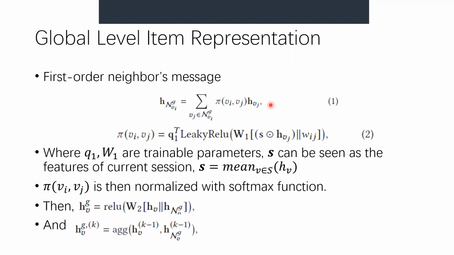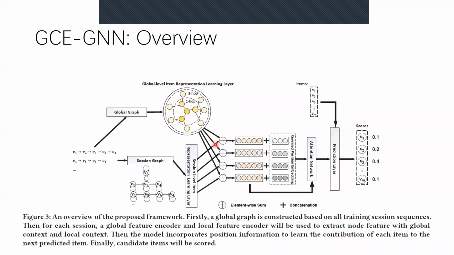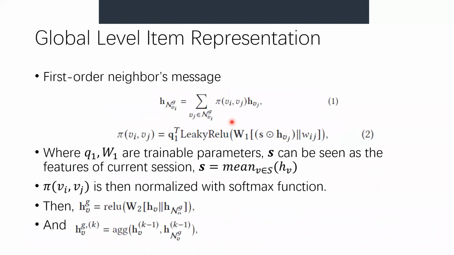First is the global level item representation, which is basically this part. We have one global graph, and each item, same as in SR-GNN, has a node feature that is just a vocabulary embedding. And then they use a GNN to do the message passing.